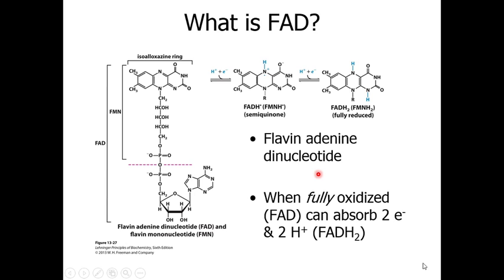When FAD gets reduced to FADH2, the structure changes from here to here. One of the characteristic features of FAD is that it can do 1 electron reduction or 1 electron oxidation. NAD, on the other hand, can only do 2 electron oxidation or 2 electron reduction.